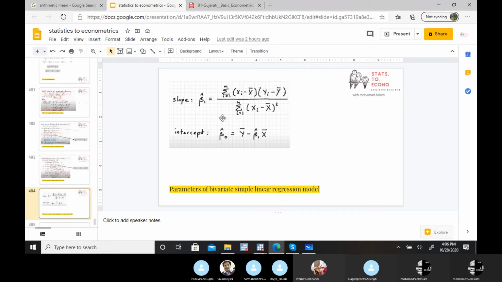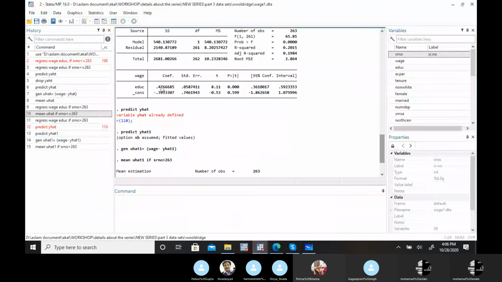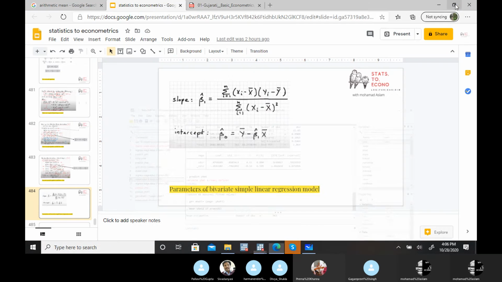So this is how with the OLS we estimate these two parameters. So these regression lines, which have these values here, this slope coefficient and the intercept coefficient, these values are actually obtained by this OLS method.